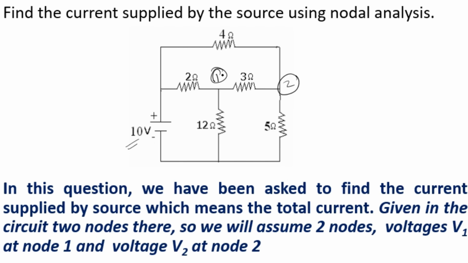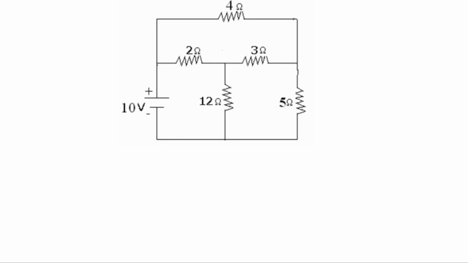No need to consider another node at the 10 volts, because this node voltage is directly known, which is nothing but 10 volts. Now at node 1 we assume a voltage V1, and at node 2 we assume a voltage V2.